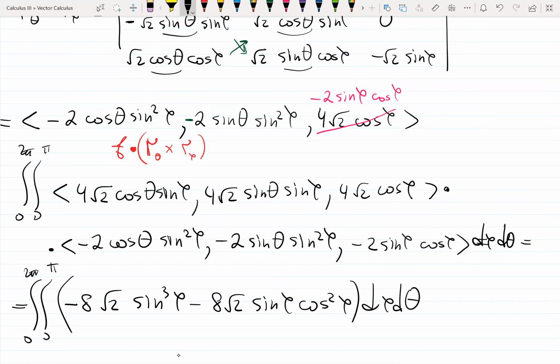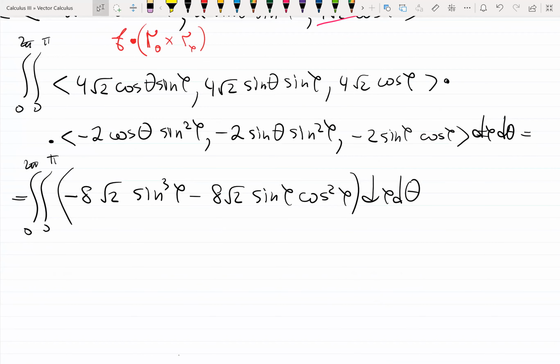It's really good. And now you integrate that. Integral of sine cubed is not an obvious way to integrate. If you remember, sine cubed, that comes from exam 1 in the Calculus 2 class, sine squared times sine phi, like so.